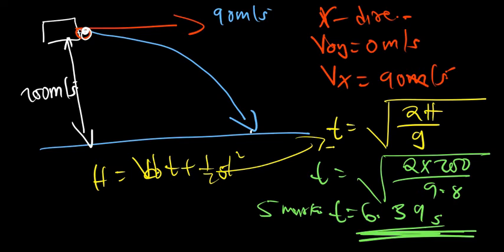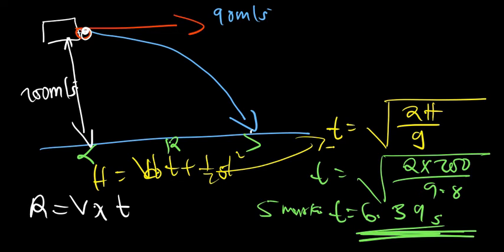Next, another question was to calculate the horizontal distance. The horizontal distance is the range. The moment you hear horizontal distance, you're talking about range. So I told you to say range is given by Vx times t. Do we have Vx in this case? Yes, Vx is 90 meters per second.